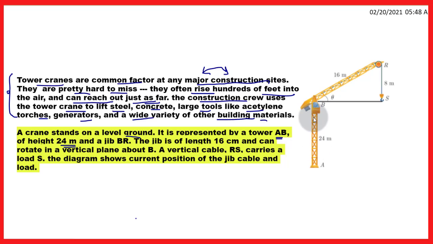The height of this tower of the crane is 24 meter, and the jib BR, which is 16 meter, can rotate in a vertical plane about B. A vertical cable RS carries a load S. The diagram shows the current position of the jib, cable and load.